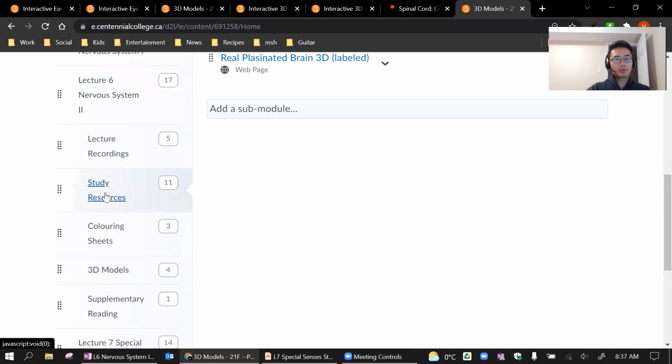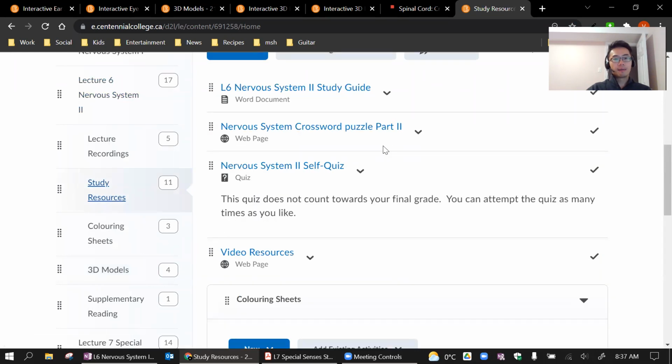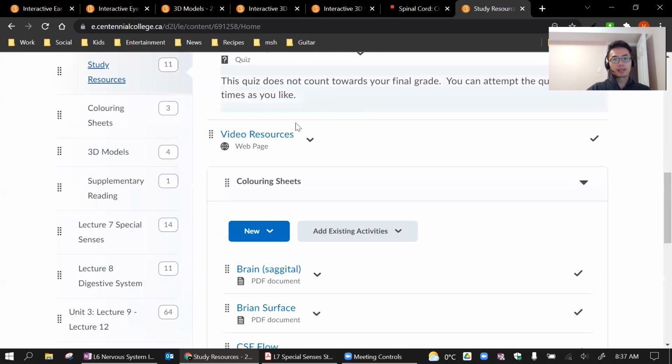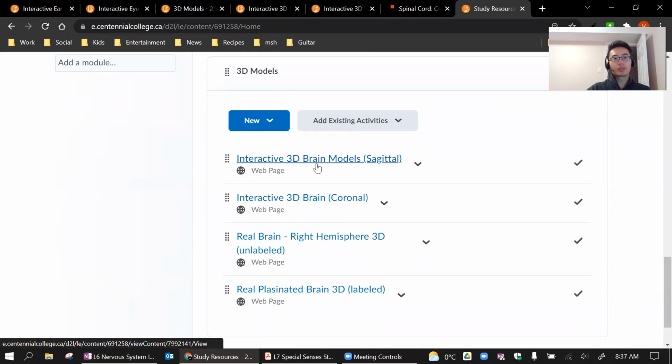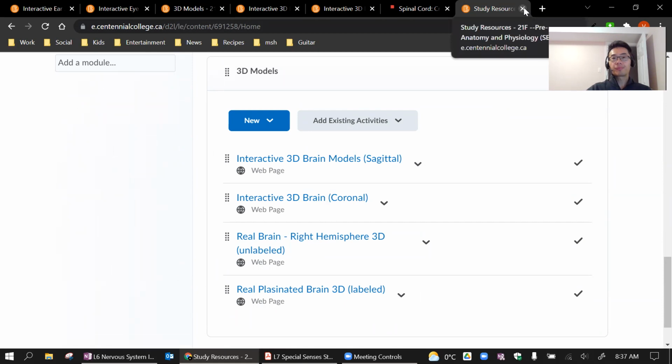If you go to the studying resources, you have your study guide and stuff like that, video resource, coloring sheets, and then there's a 3D model. So if you click on one of these things, it will take you to the 3D models that I'm going to be showing you right now.